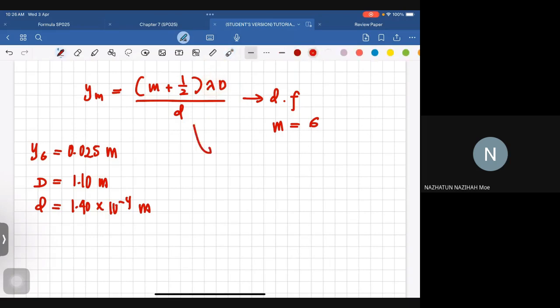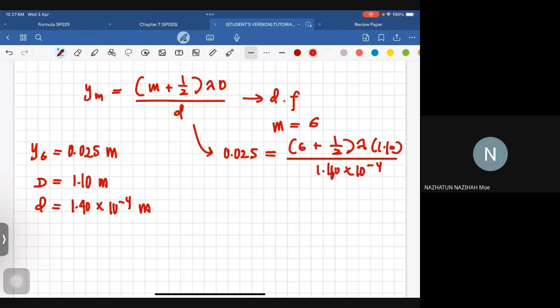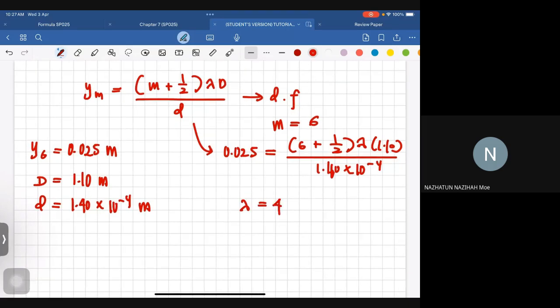So substitute je lah dalam formula. 0.025, 6 plus half. Lambda is what we are looking for. Divide by the slit separation. Okay, so dari sini kamu akan dapat the wavelength to be equal to 490 nanometer.